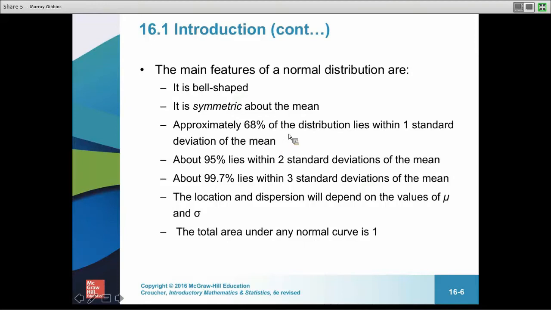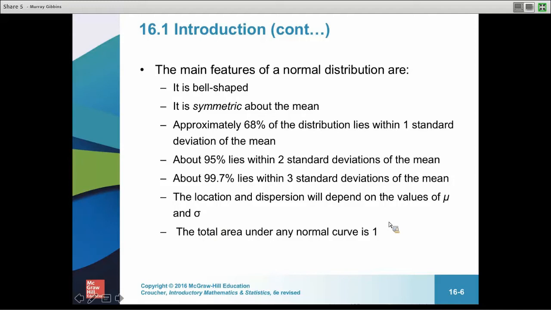They would lie within 1 standard deviation, 34% above the mean and 34% below the mean. About 95% of the data would be within 2 standard deviations of the mean, and we're going to discover later on why. Again, they've discovered in their distributions the area under the curve that within 3 standard deviations, about 99.7% of the data would be there.